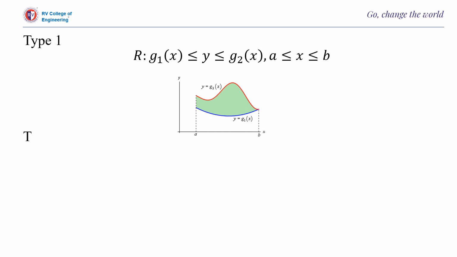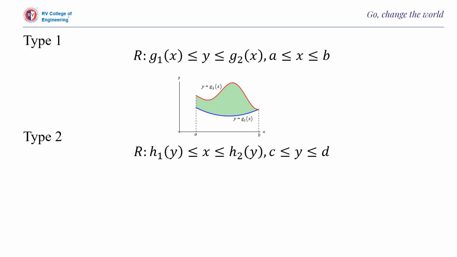Similarly, we have type 2 region where the region R is bounded by the curves x equal to h1 of y and x equal to h2 of y and y equal to c, y equal to d. The region is as shown in the figure.